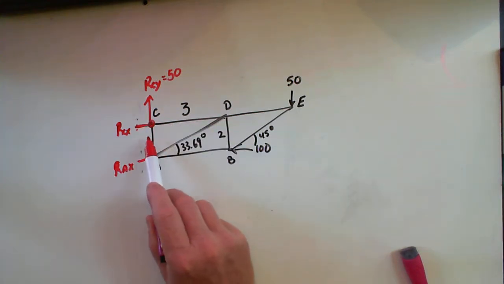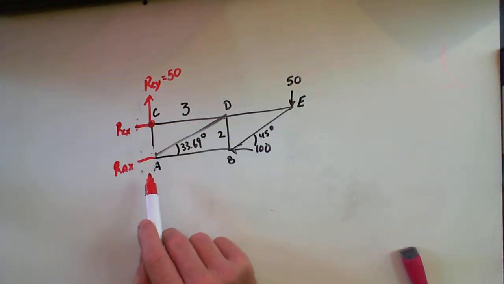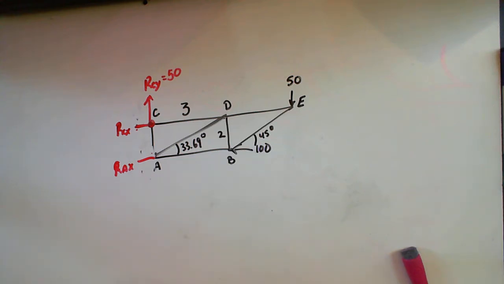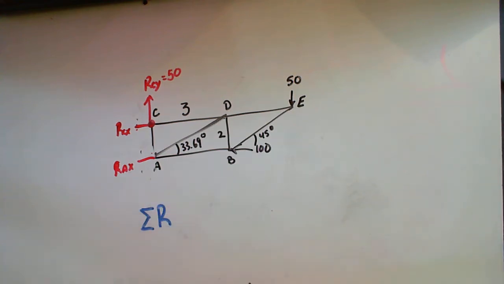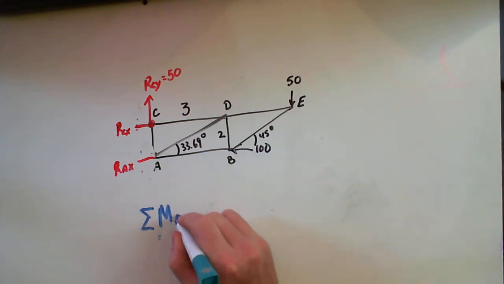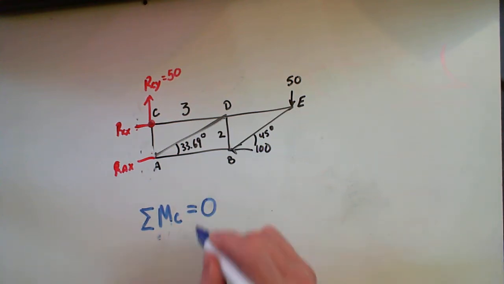So I pick my pivot point, and the other reactionary force is the one that I will find. So how do I calculate the reactionary forces? This is using moments. We are going to use the fact this is in static equilibrium, and that means that the sum of all moments at point C must equal 0.